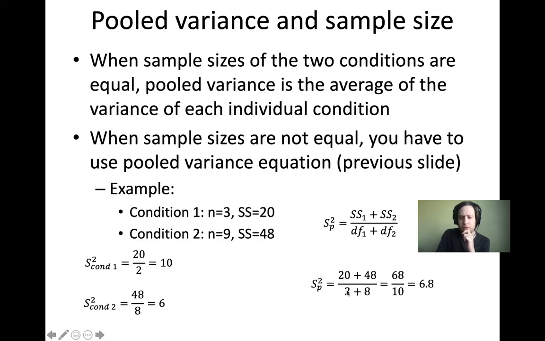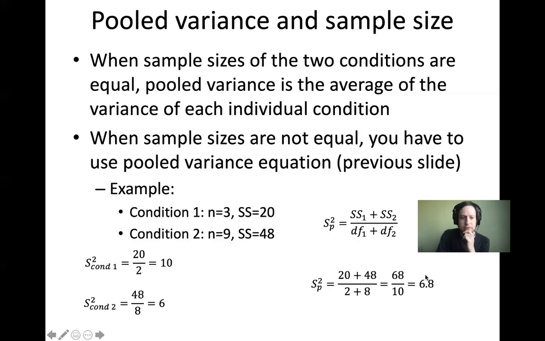The 2 comes from 3 minus 1, degrees of freedom 1. And this 8 comes from 9 minus 1, which gives us 8. When you do the math, you get 68 divided by 10, which equals a pooled variance of 6.8.